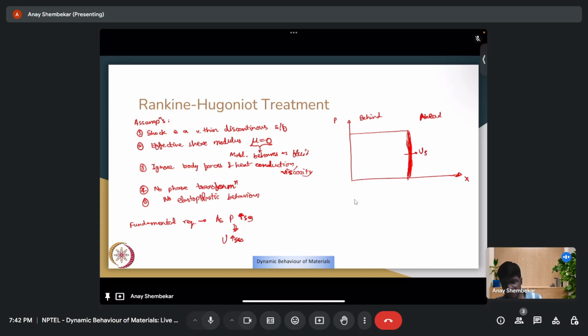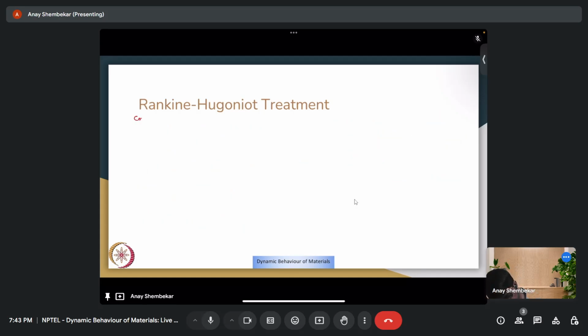Ahead, the material has properties rho naught, internal energy E naught, particle velocity u naught, and behind you have particle velocity up, density rho, pressure P, internal energy E. Here, pressure is P naught. So, this is the diagram. The first equation is conservation of mass.